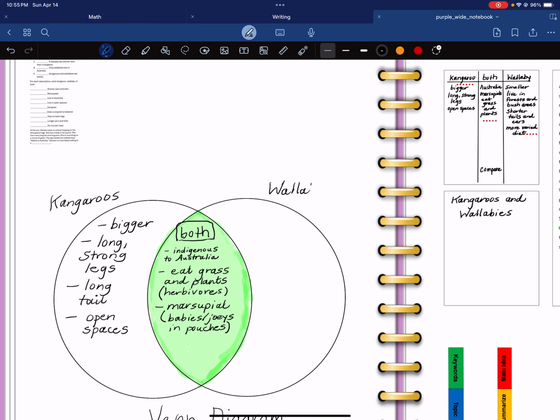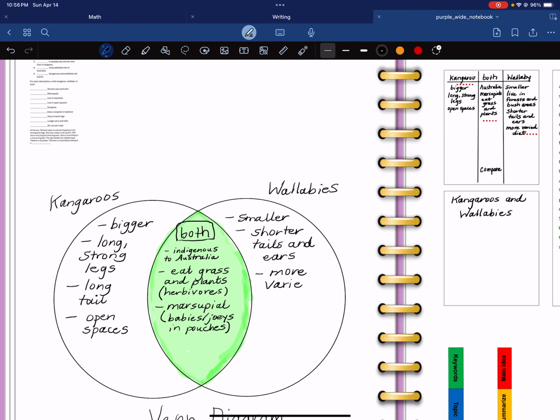Wallabies, on the other hand, are smaller. They have shorter tails and ears. Kangaroos are out in the open space. They need those big ears to hear far away. Wallabies eat a more varied diet.